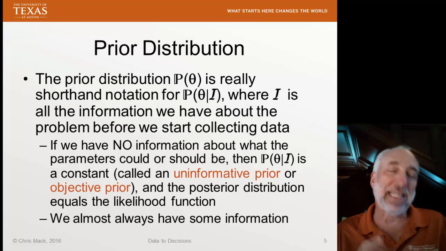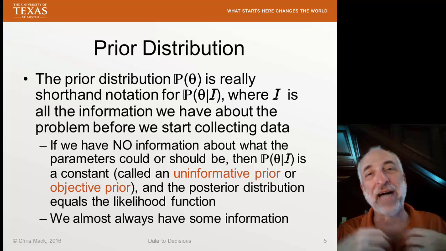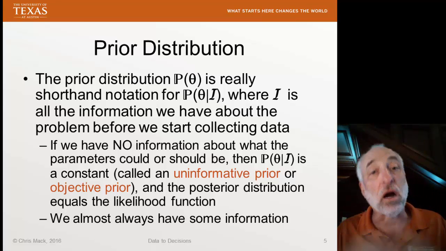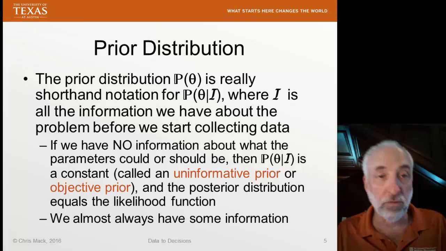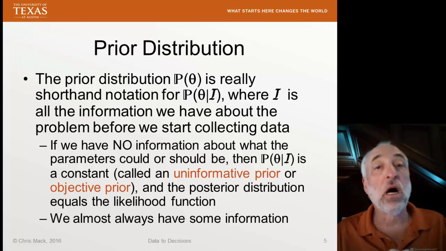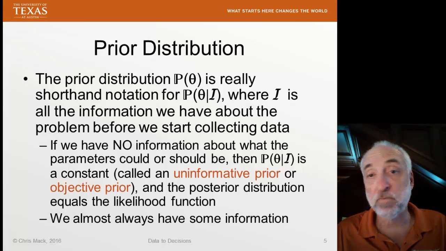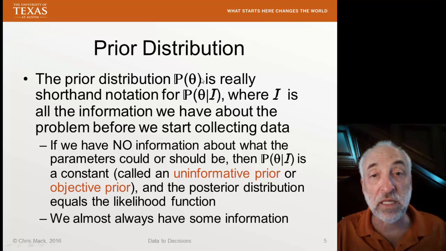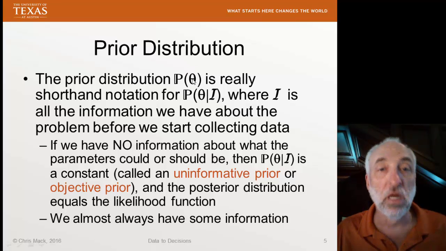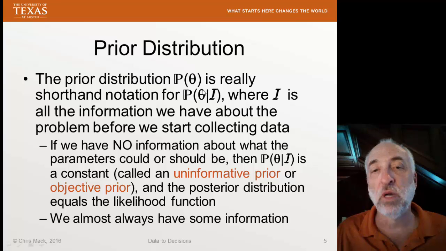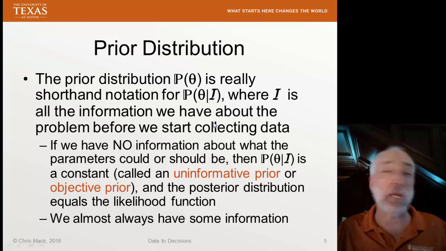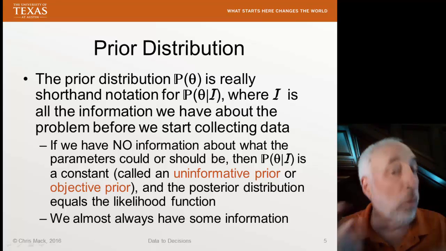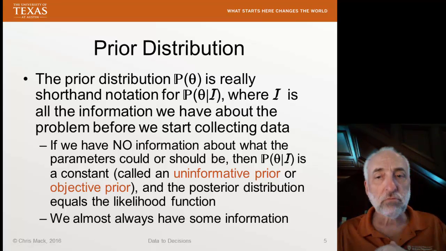The prior distribution is the key, right? Figuring out how to summarize our current information or knowledge in terms of a prior distribution for the parameters. When we talk about the prior as a function of this parameter set, that's the betas as well as the standard deviation of the error term. This is shorthand notation for the prior of these given all the information we have about the problem before we start collecting data.